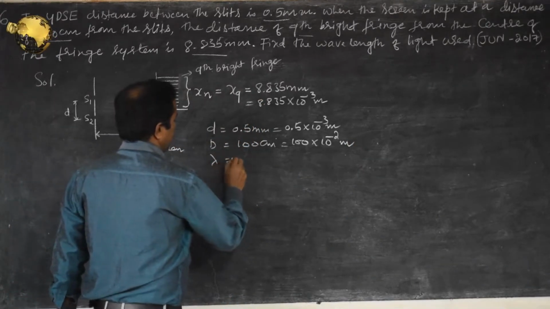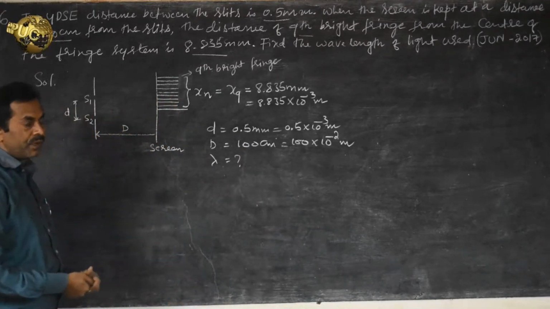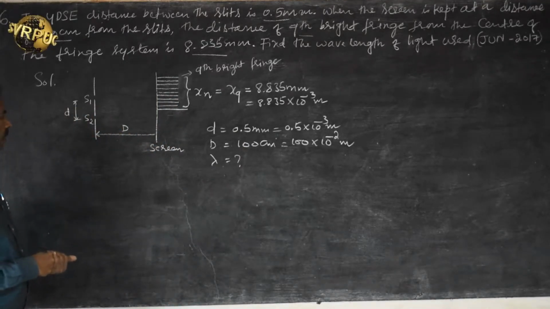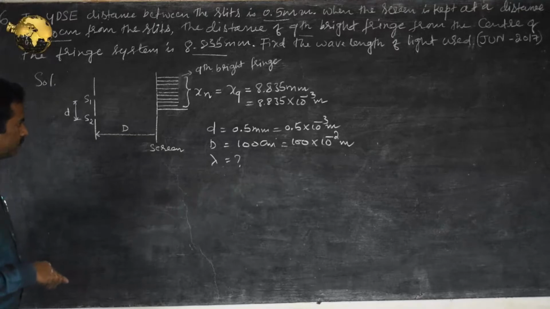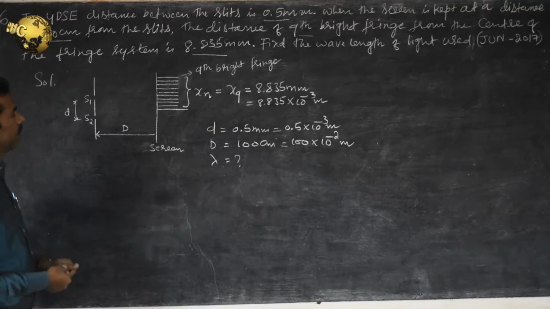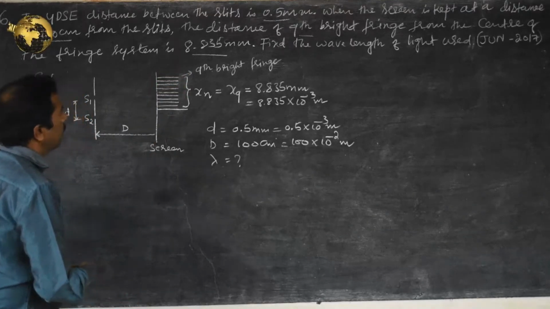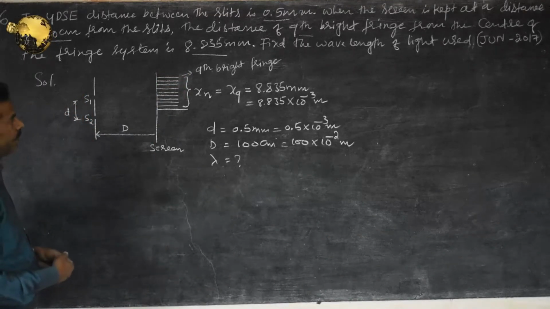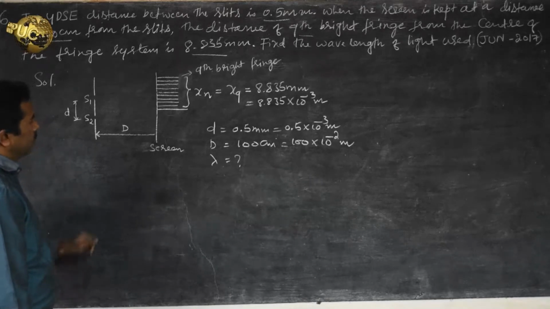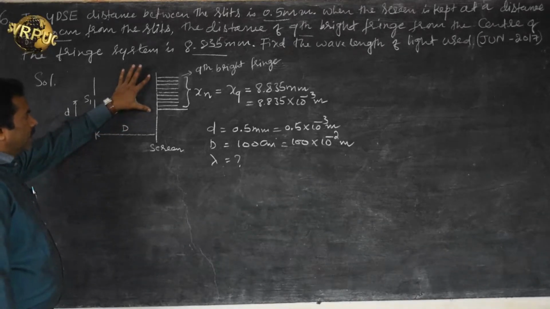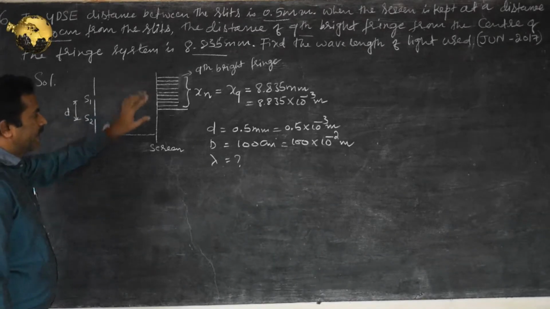Our question is lambda. Here we have to calculate the wavelength of light required to get the distance of 8.835 millimeter. So this distance is the 9th bright fringe from the central fringe.